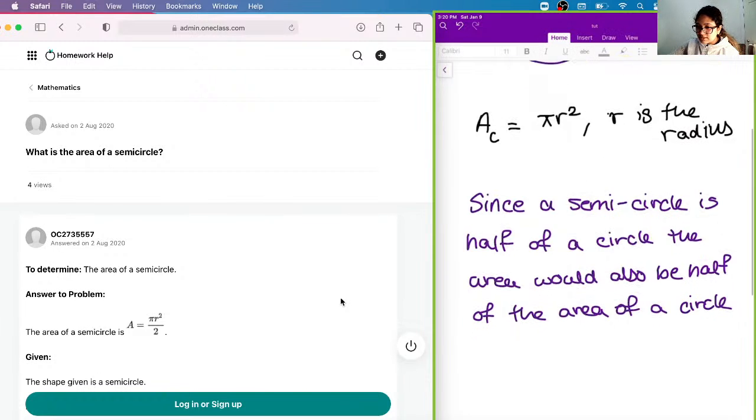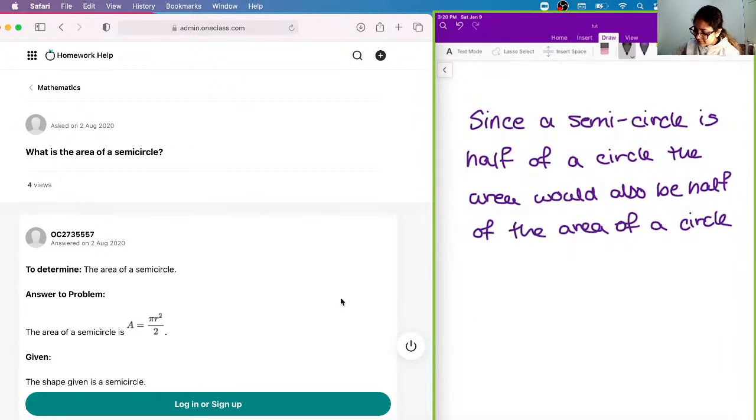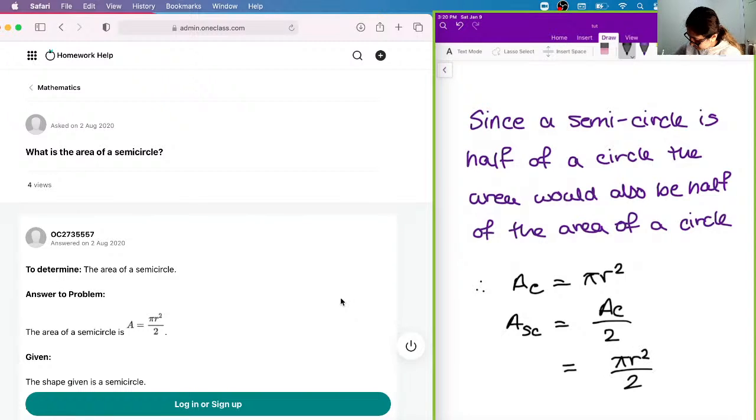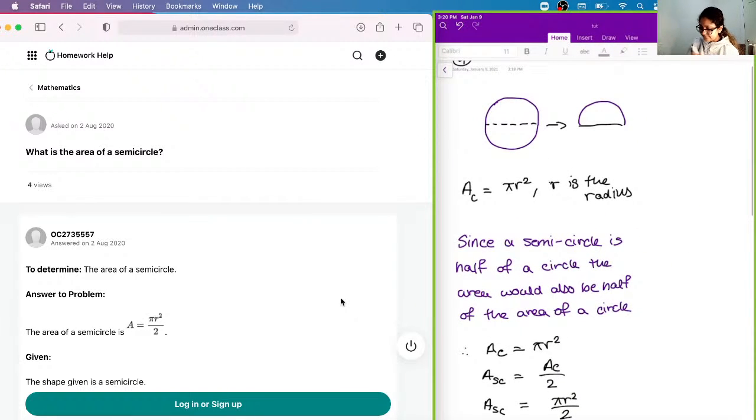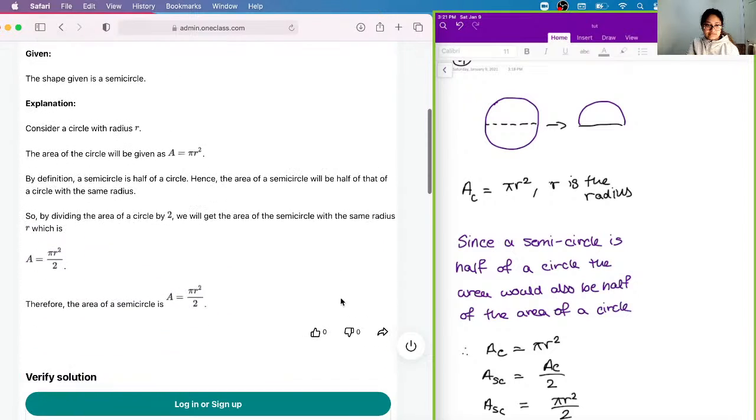Since the area of a circle is pi r squared, the area of a semicircle would be that divided by 2, and so this is pi r squared over 2, the area of a semicircle.